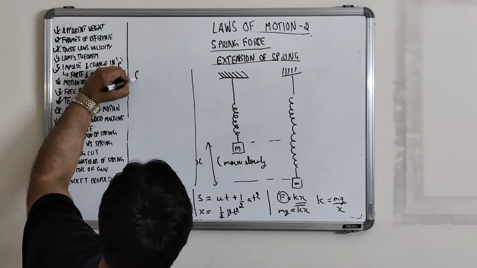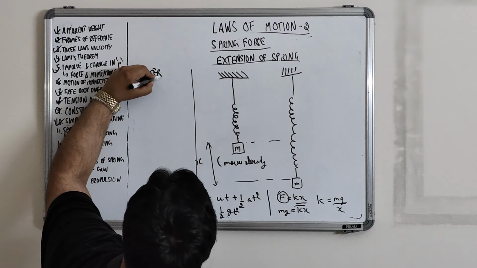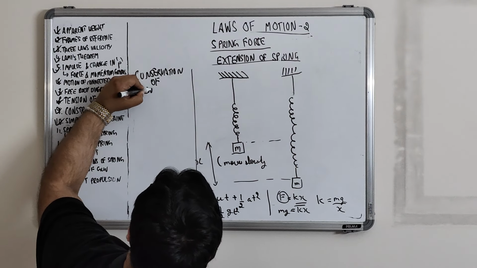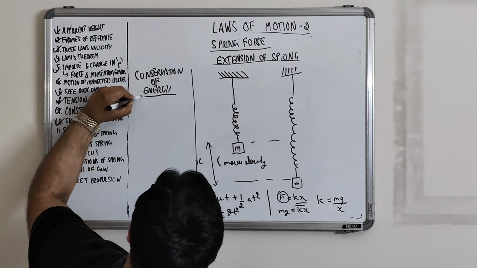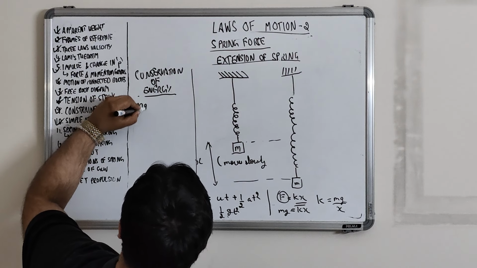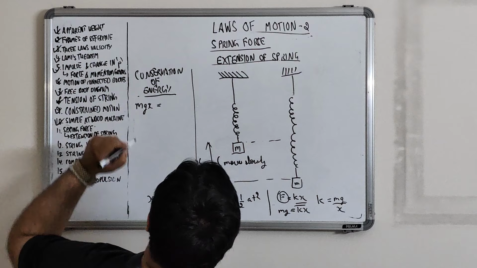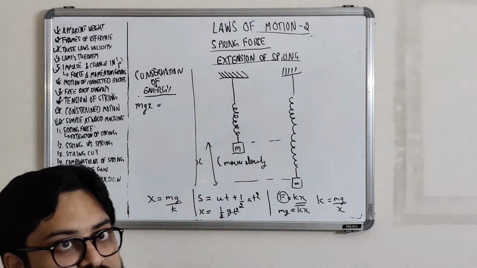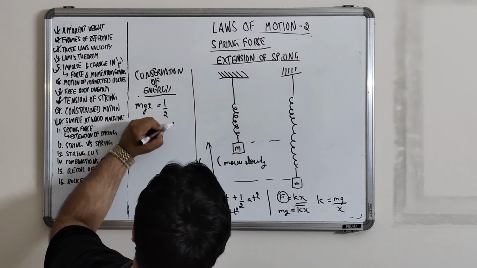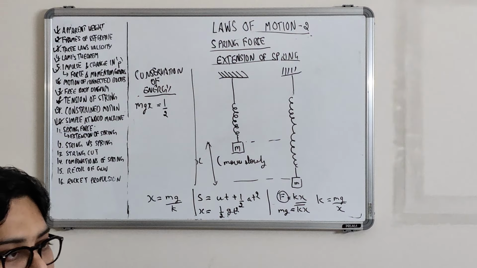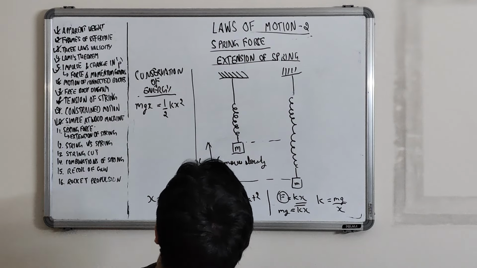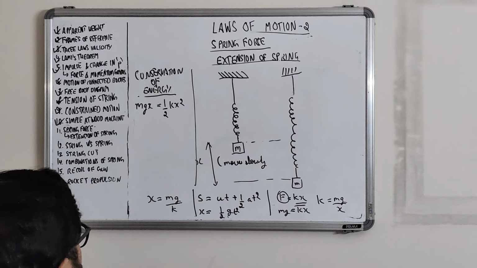So, following conservation of energy, what do we get? mgx, where x is the distance it has dropped, equals half kx square.